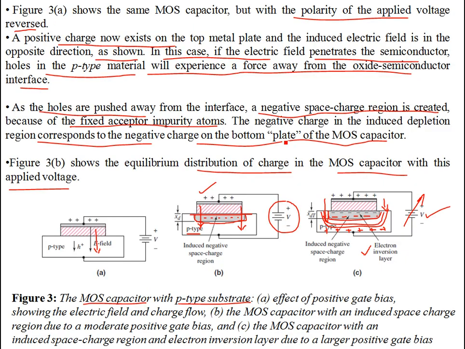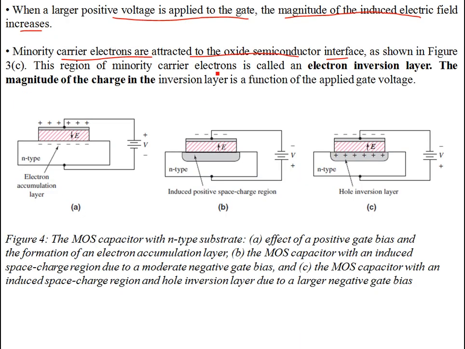You no longer have the positively charged holes there; they are pushed towards the bottom, towards the negative of the supply, and the minority carriers, since they are not attracted over there, all accumulate at the interface. This is your oxide semiconductor interface. The minority carrier electrons attracted to it, shown in figure 3c, form the electron inversion layer.